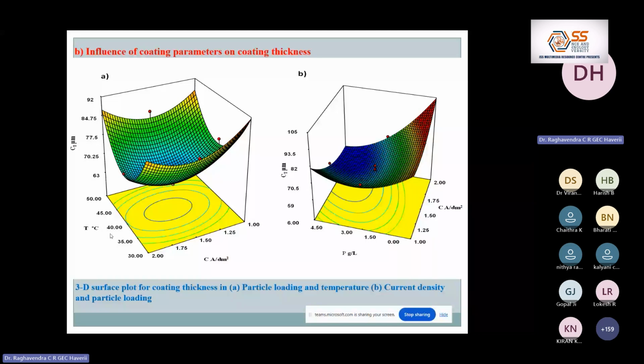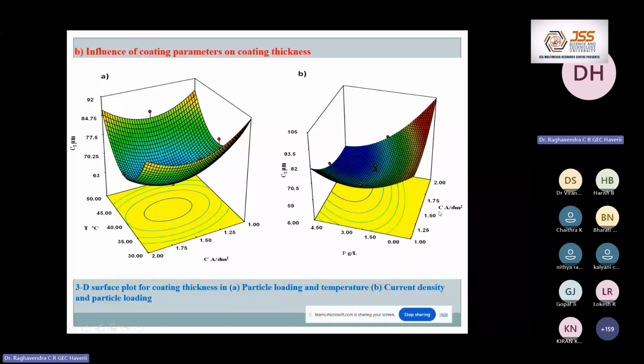Here is one instance I would like to explain, figure B, where on the x-axis we have the nanoparticle loading, taken as 0 grams, 1.5 grams per liter, 3 grams per liter and 4.5 grams per liter, and we also have the current in amperes per decimeter square.